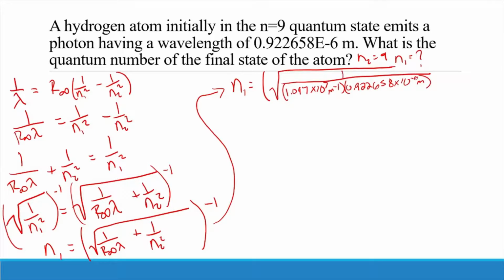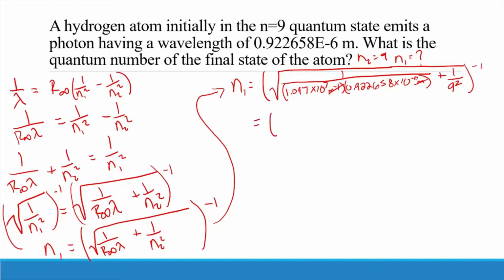I wanted to do all that first before I put 1 over the whole thing. We can see the meters cancel. Plus 1 over n2 squared, which is 1 over 9 squared, and this whole thing in parentheses to the negative 1.